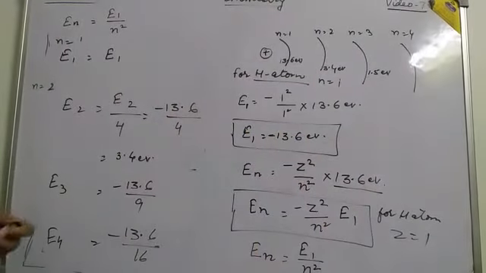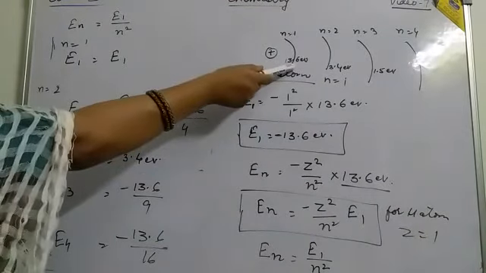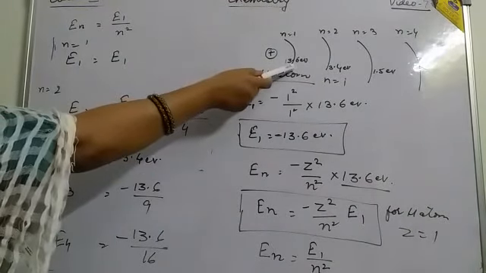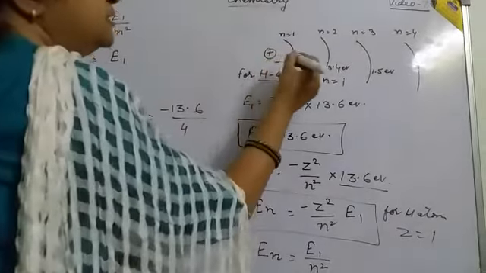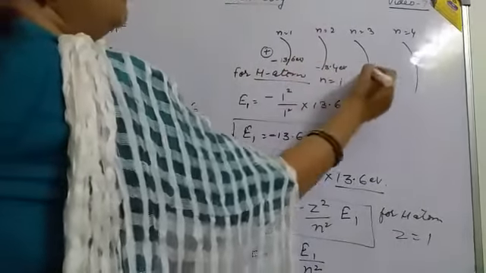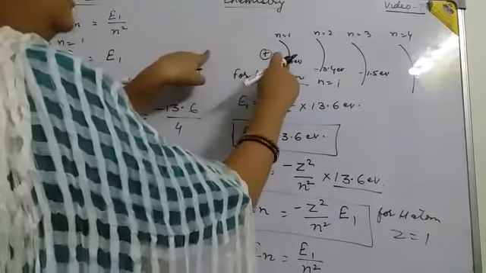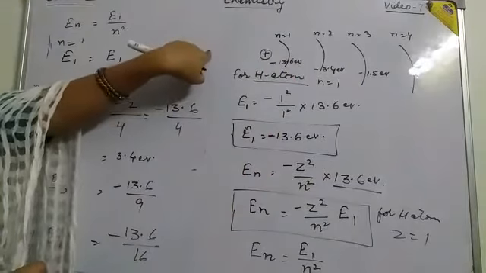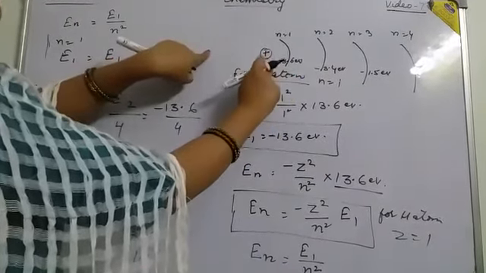So you can see that if the electron is present in the first shell, its energy is minus 13.6, which means minimum energy. The higher the value of minus, the lower the energy.